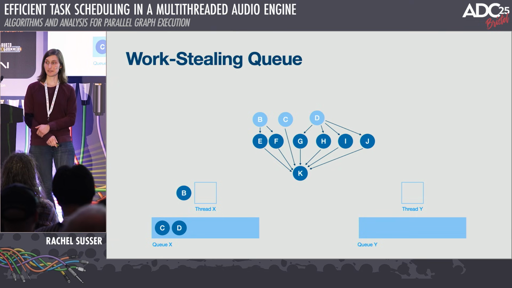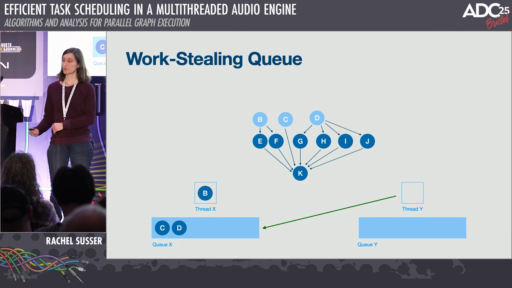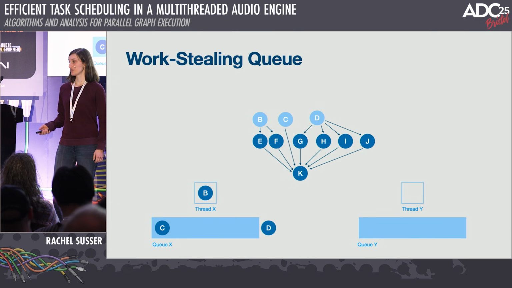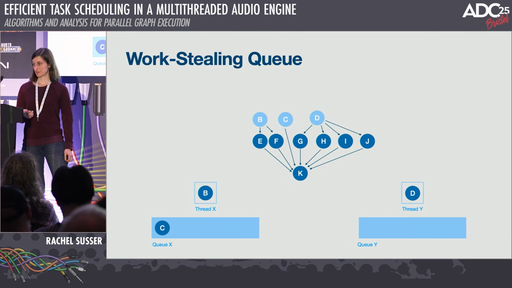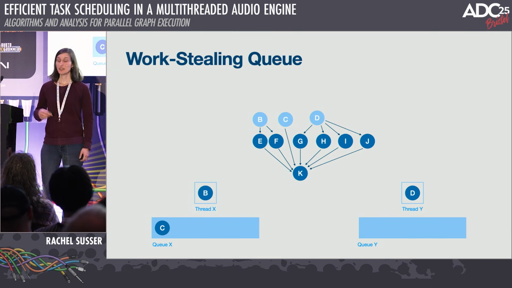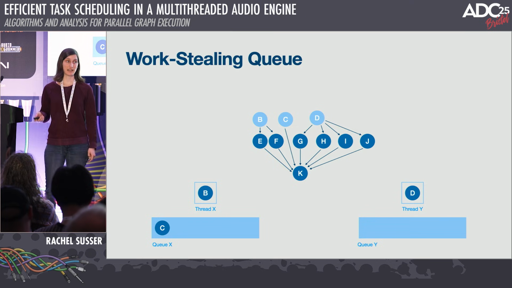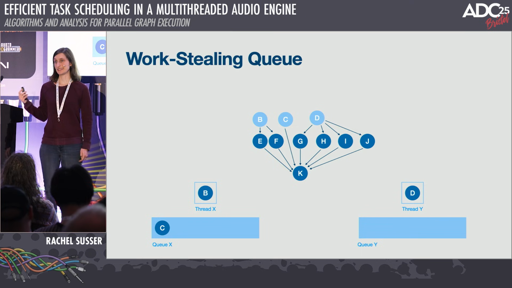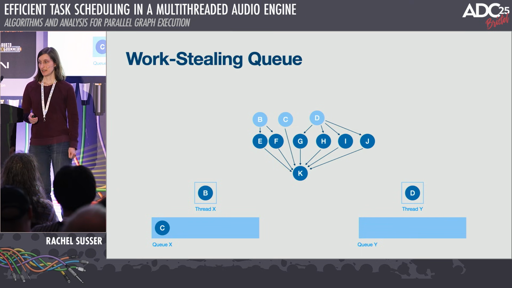It then wakes up the other thread, and thread X can already start executing task B, while thread Y steals task D from X's queue and begins to execute it. Note that this means that popping has LIFO order and stealing has FIFO order.